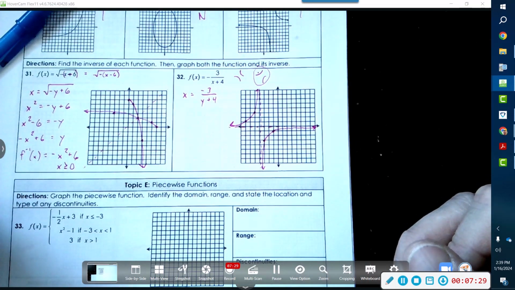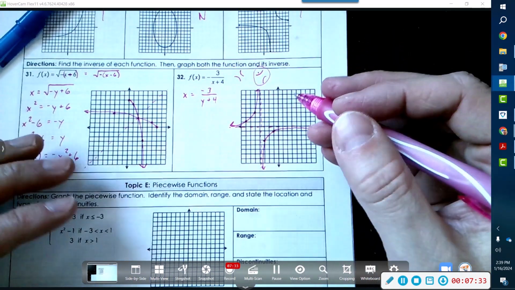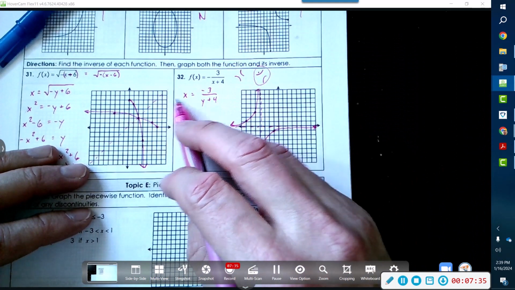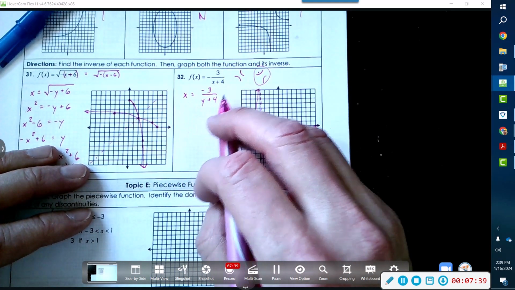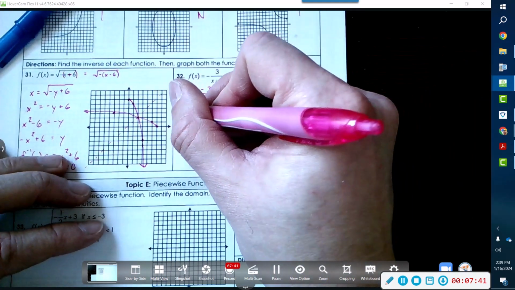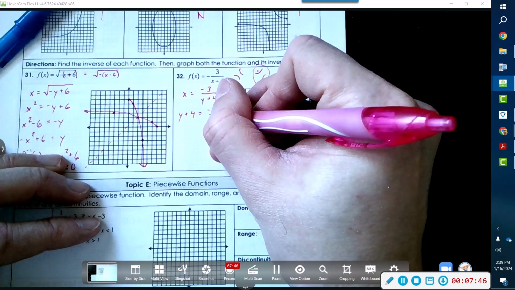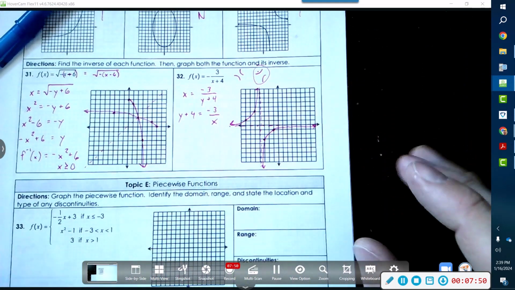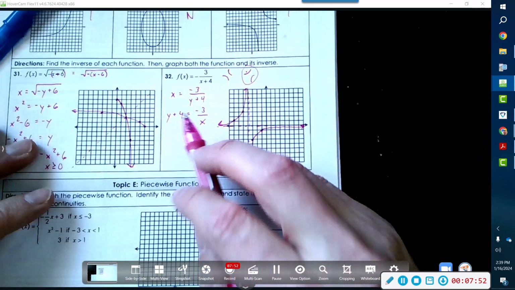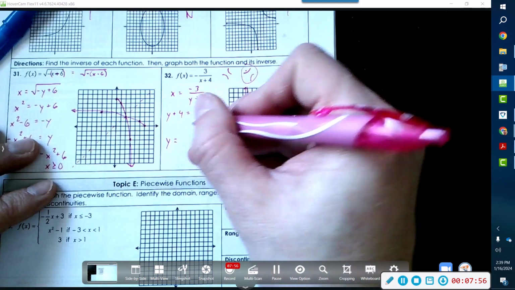Now this is great, because a beautiful algebra move is, if I divide both sides by x, and multiply both sides by y plus 4 at the same time, I can completely swap. I can just change those. That's a perfectly legitimate move here. So what this means is that all I have to do now is add 4.